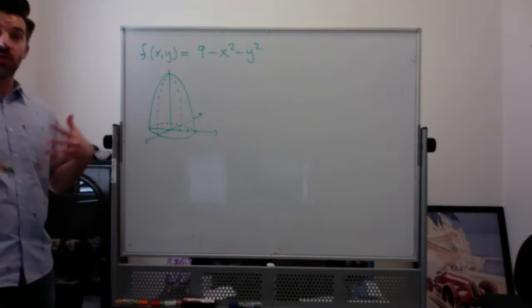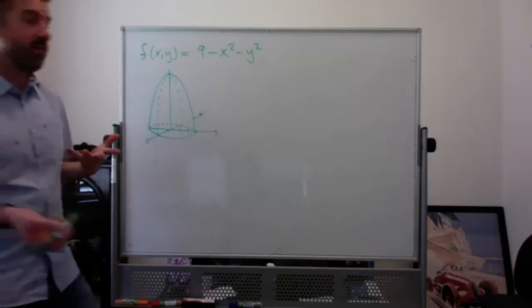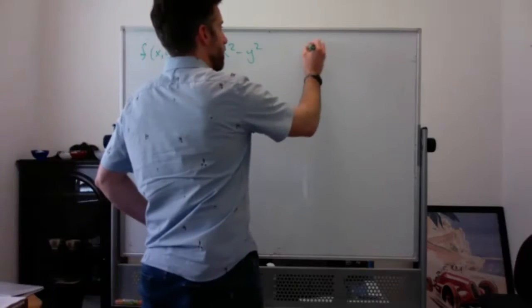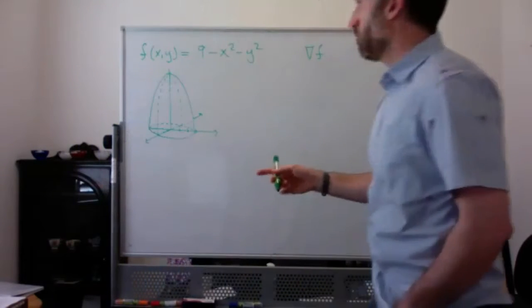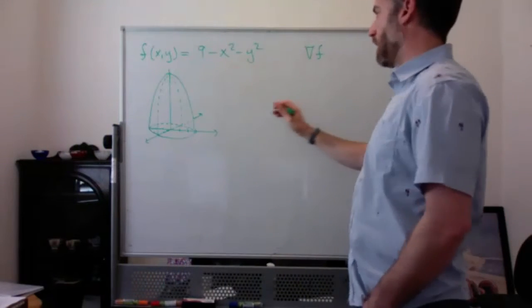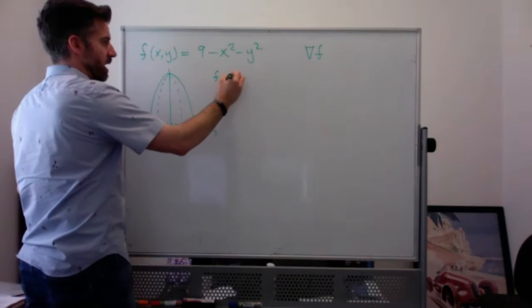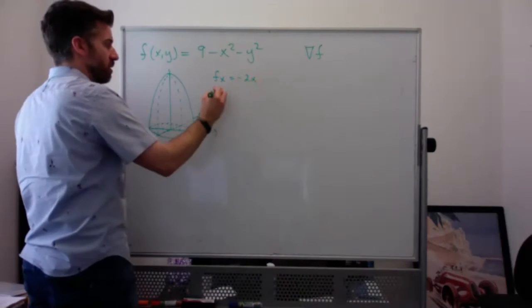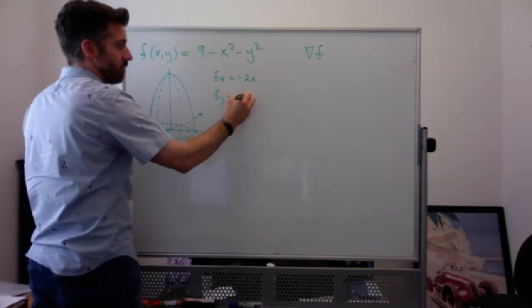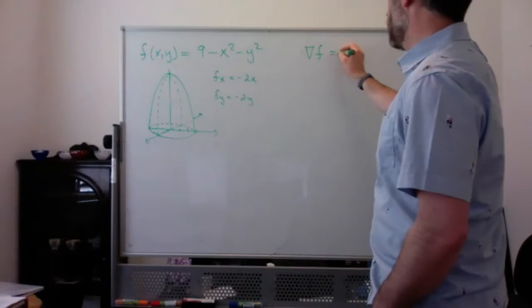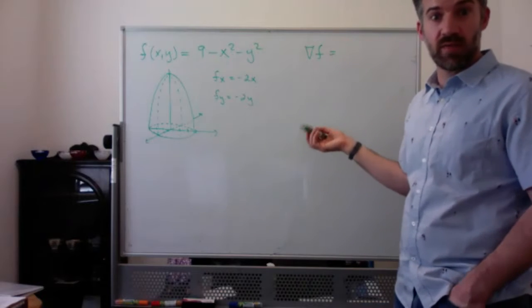And we can definitely find the gradient of this function. So the gradient here, well, what's the derivative? I suppose I should find the partials first. The partial with respect to x is negative 2x. The partial with respect to y is negative 2y. So the gradient is, I'm going to write it a different way this time just to expose you to it.